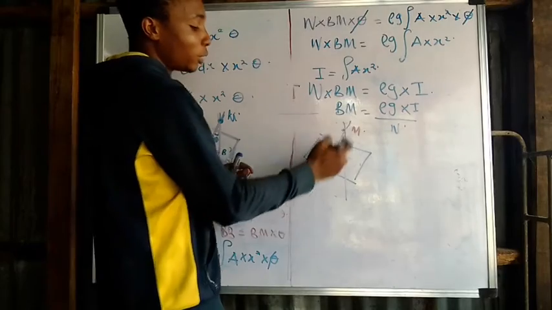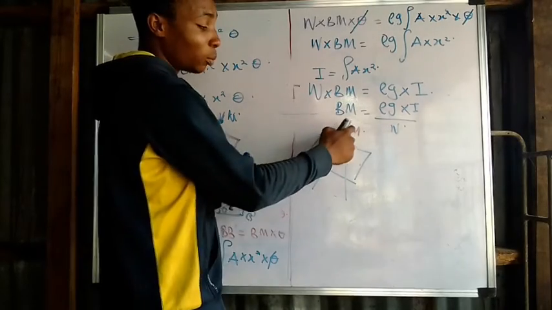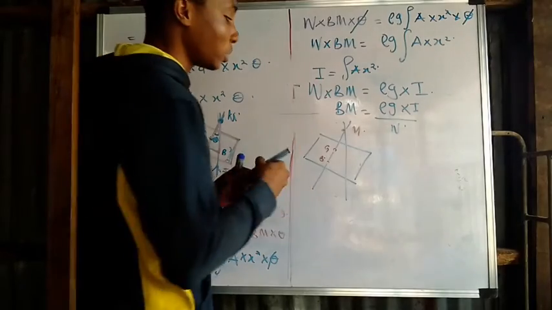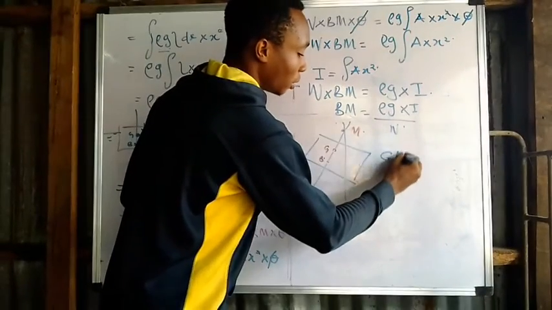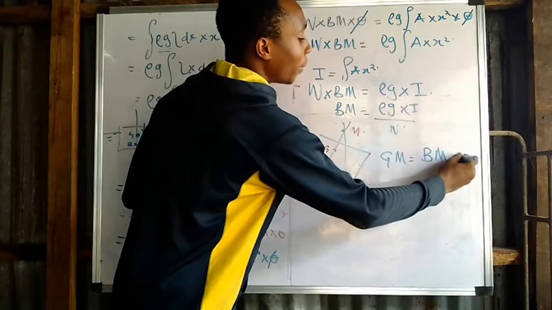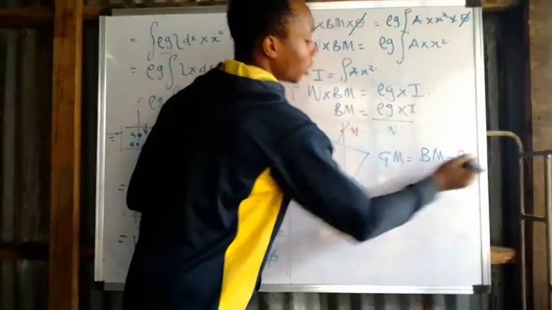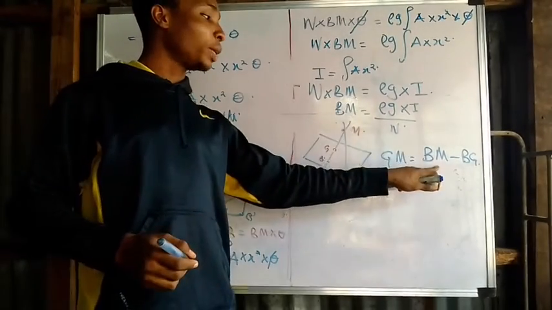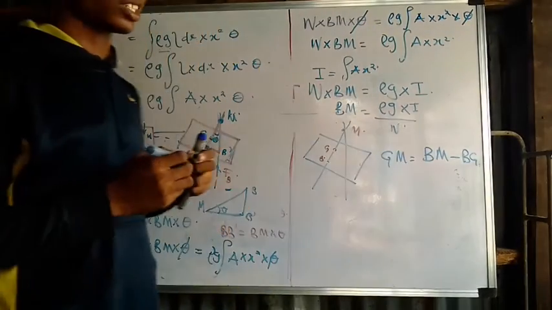So GM is equal to BM minus BG. So this is why we are calculating BM. When we have BM, we just get the formula for metacentric height.